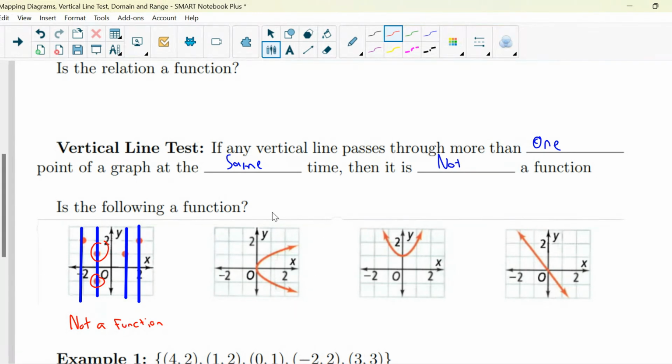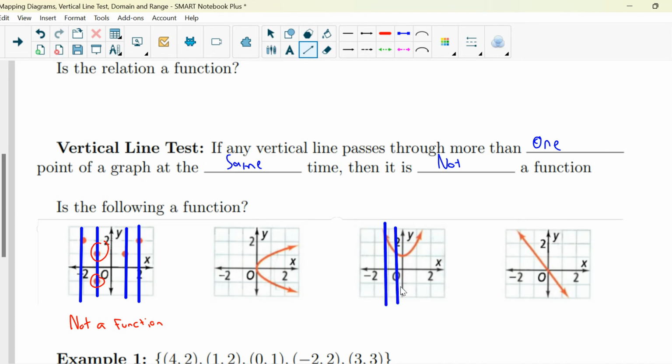Okay, let's skip the second example, but please copy it down for class. We'll do the third example and then copy down the fourth one for class as well. So when we have a solid line, so we don't have points here, it's not possible to draw vertical lines through every single point. So this is where you just have to kind of estimate and use the eye test a little bit.